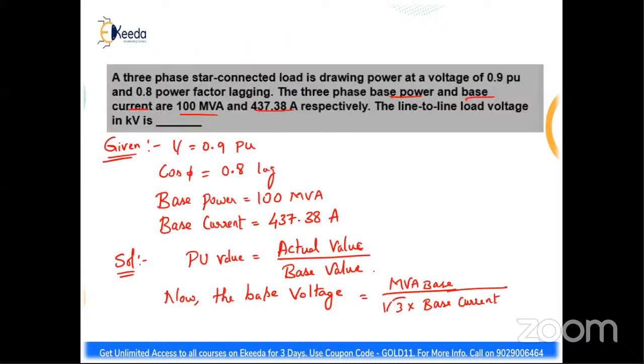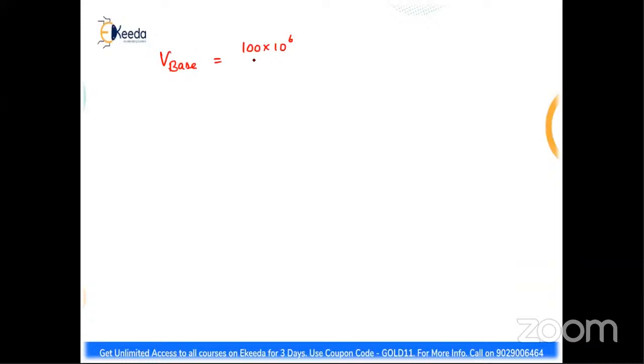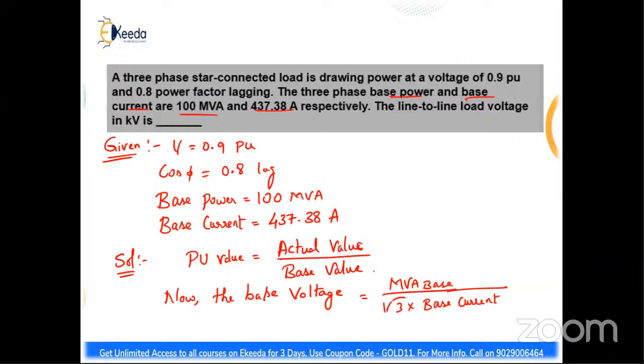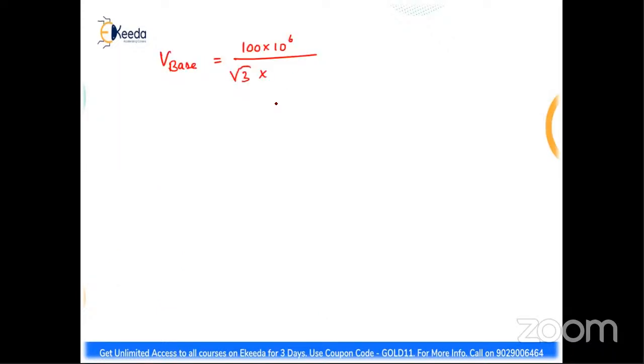So now V base is equal to MVA base, that is 100 into 10 to the power of 6, divided by √3 into our current value, that is 437.38 amps.